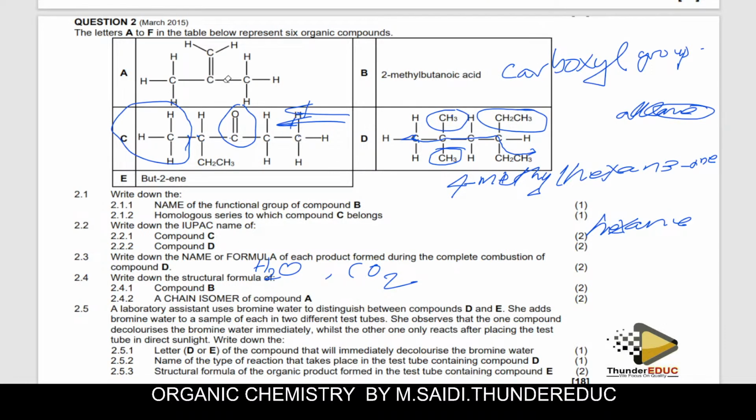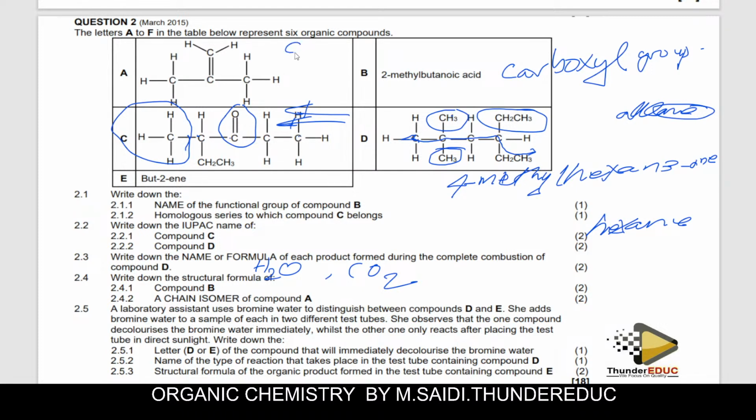When you talk about chain isomer, it means that you are supposed to change the position of the side groups, or you can make it straight chain because this is a branched chain. You can even change the position of the double bond. Still, it is fine. It has changed the chain. So here in this case, you can bring this to this side.